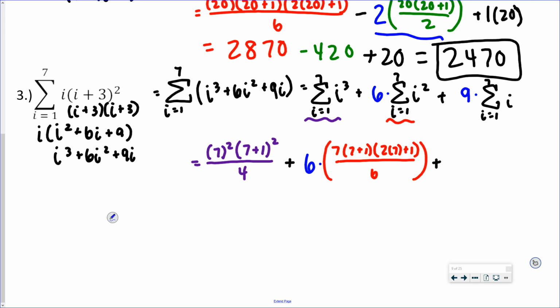Plus 9 times my summation formula for i, which is n times (n plus 1) all over 2. Okay, I'm just going to give you a final answer. I feel like we've done enough of these. I got 1,876.